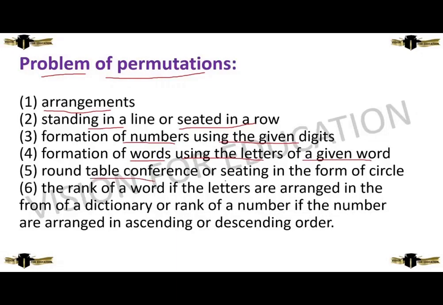Roundtable conference or seating in the form of a circle. The last one, the rank of a word if the letters are arranged in the form of a dictionary, or the rank of a number if the letters or numbers are arranged in ascending or descending order. These are the 6 types of problems that could be asked on permutation.